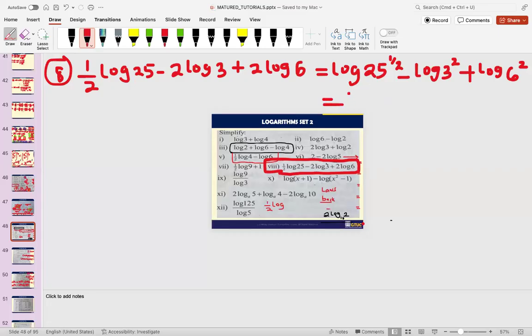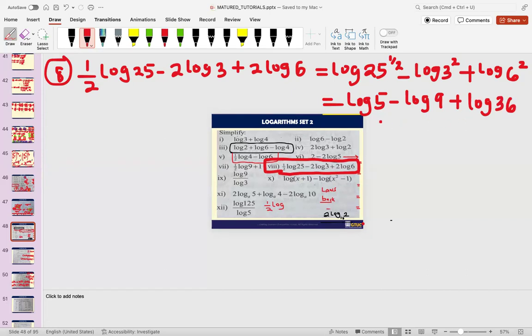Now log 25 to the power half is the same as square root of 25. So you have 5 minus log 3 squared is 9 plus log 6 squared is 36.